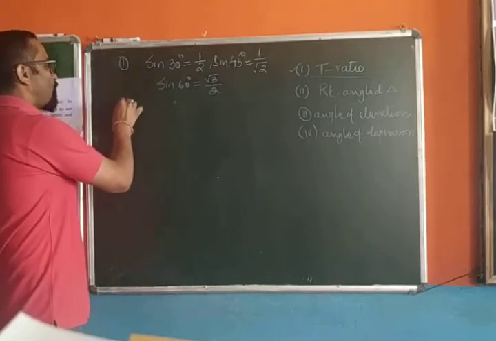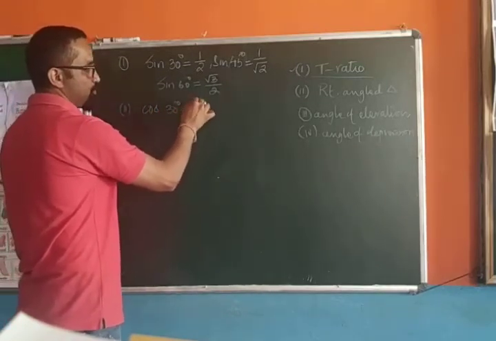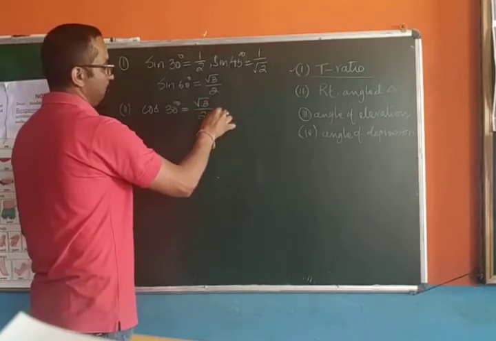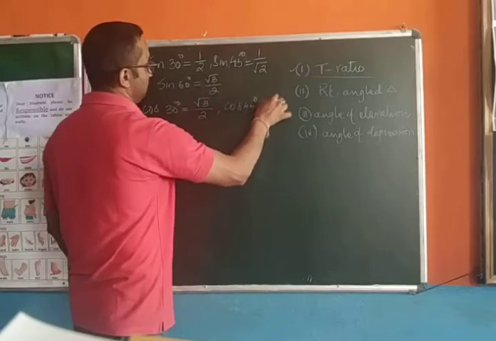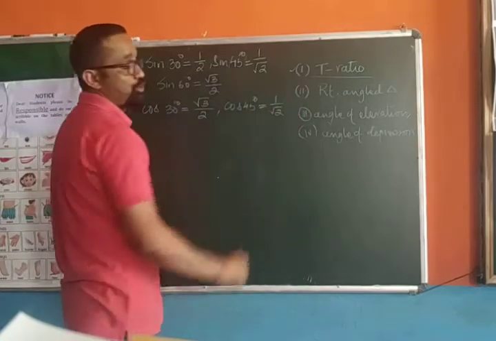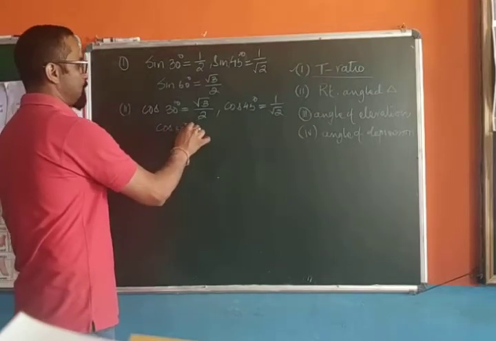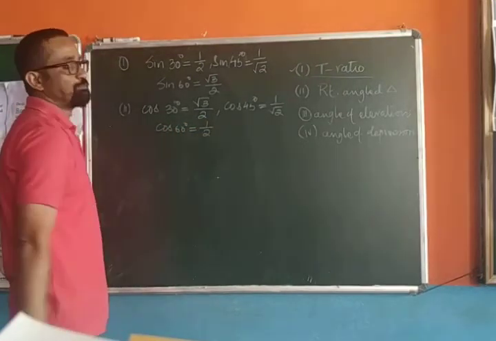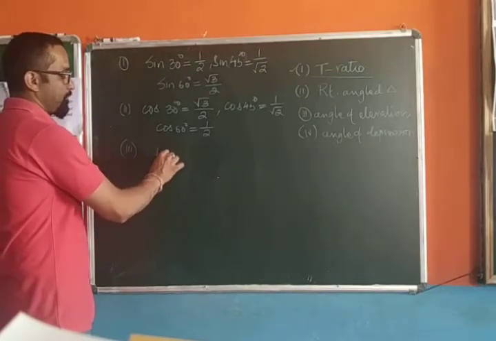Second one, cos 30 degree is equal to root 3 divided by 2. Cos 45 is equal to 1 divided by root 2. Cos 60 degrees equals 1 divided by 2. The third one is tan.